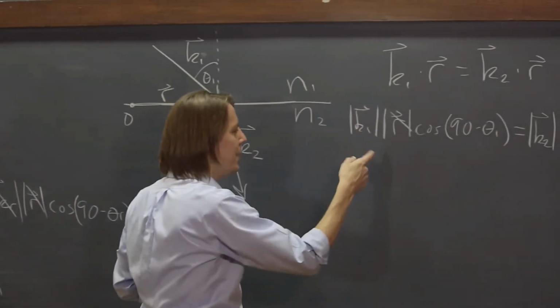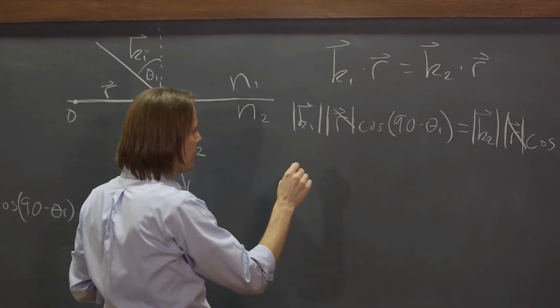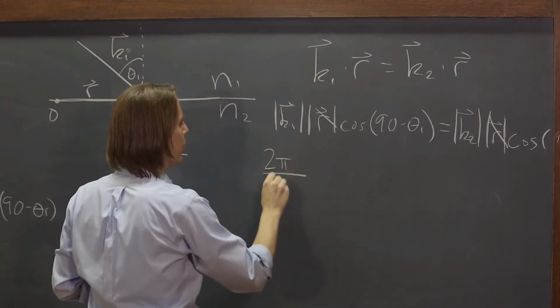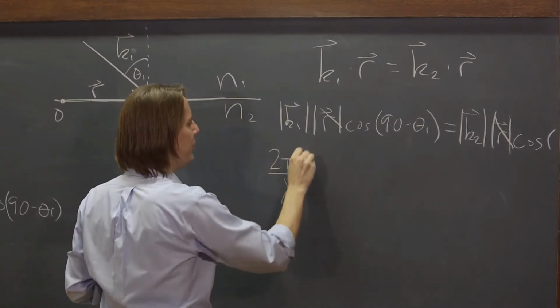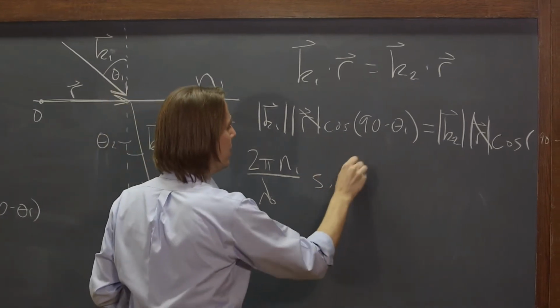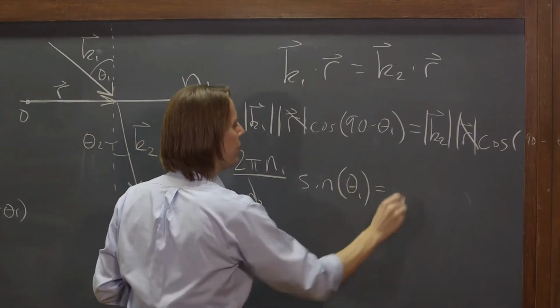We know that K1 would turn into, let's see, it's 2 pi over lambda naught, the vacuum wavelength, times N1. And cosine of 90 minus theta 1 is the same as sine of theta 1.